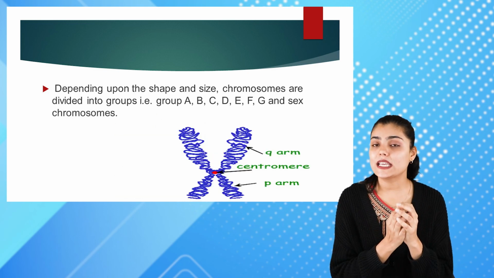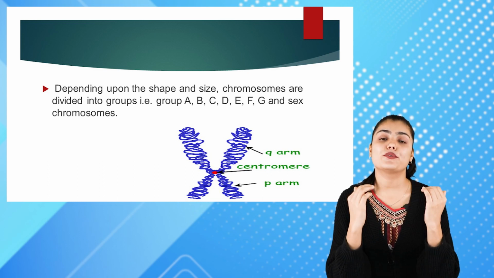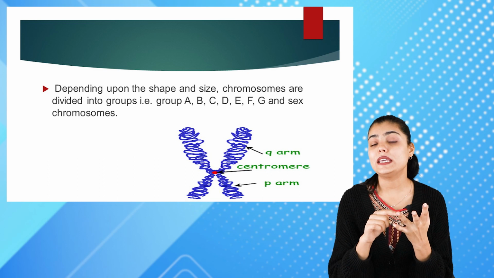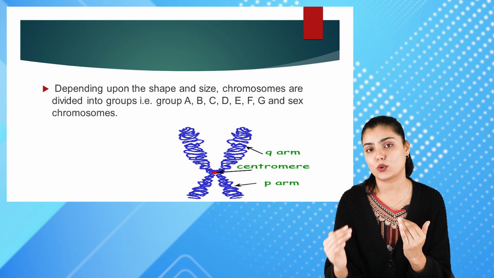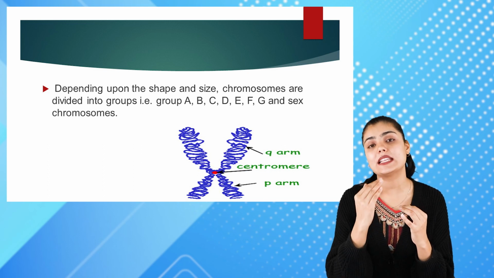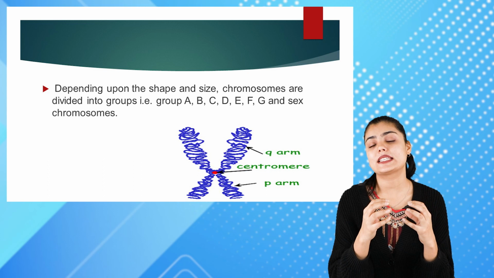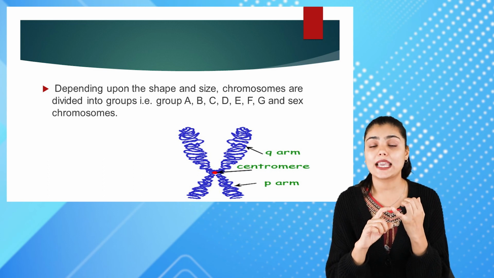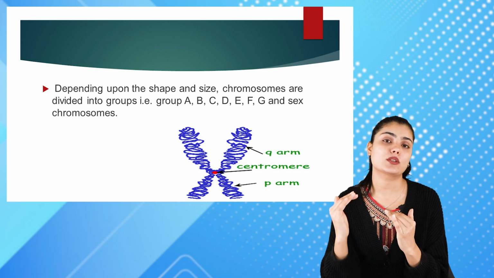Depending upon the size of the chromosome, chromosomes are divided into various groups such as A, B, C, D, E, F, G and sex chromosome. So chromosomes vary in shape and size, and according to that difference, they are divided as A, B, C, D, E, F, G and sex chromosomes.